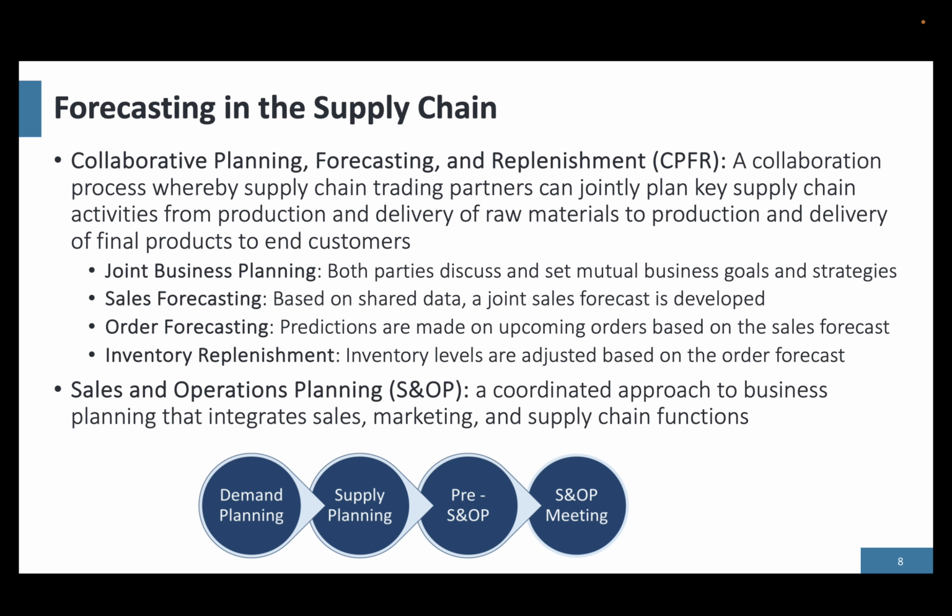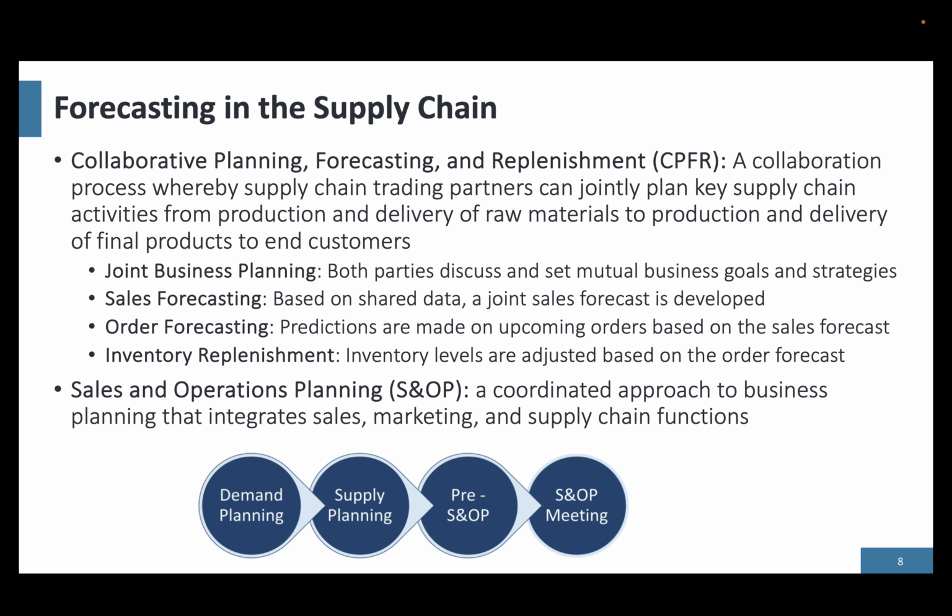And then also talking about how much inventory we're carrying and how it should align with our order forecast. So by doing these activities, CPFR can help minimize the bullwhip effect, and it improves communication overall between the different entities.